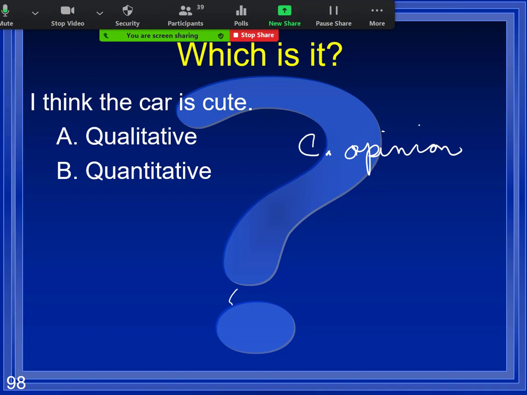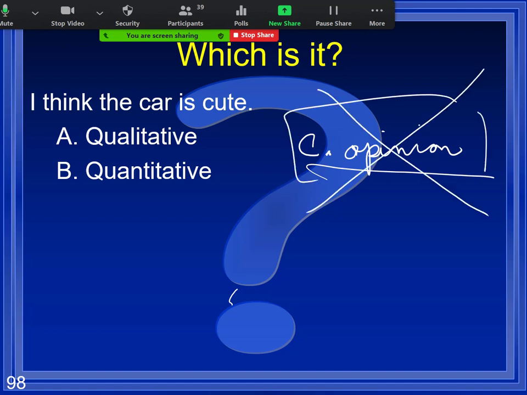It can't be both. So that's the difference between a fact and an opinion. Scientists want to not have opinions. They want quantitative facts if they can have them. So scientists prefer quantitative.